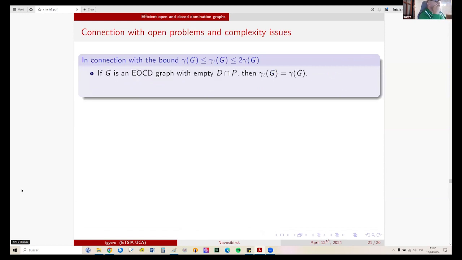For instance, when you have an efficient open closed domination graph and it has empty intersection between D and P, then the total domination equals the domination. And when these graphs have empty P minus D, then the total domination equals 2 times the domination. This allows us to get this structure.